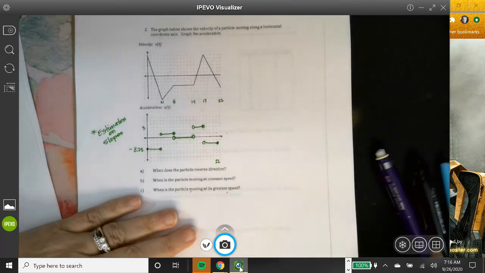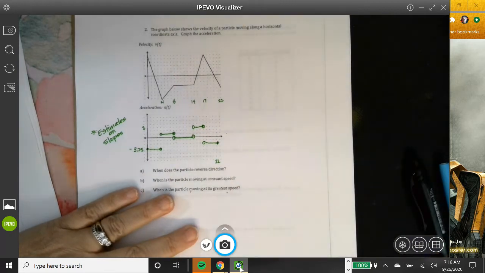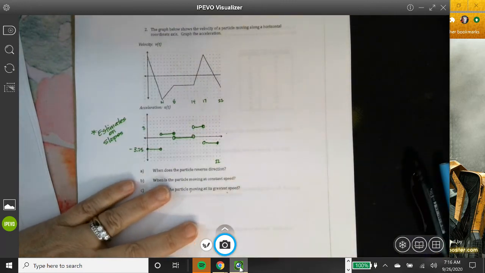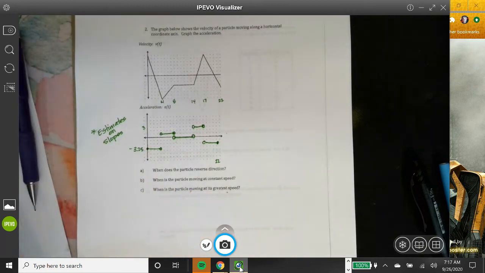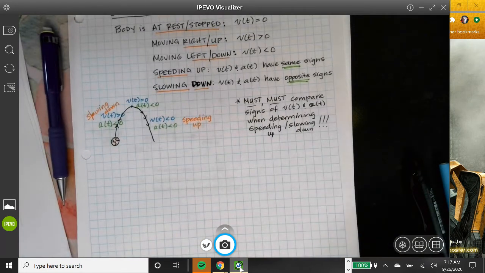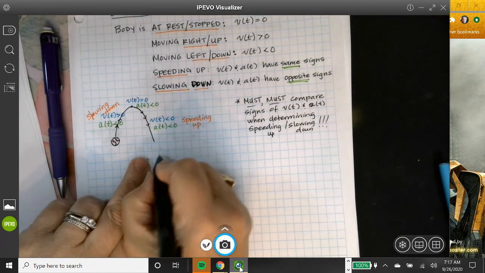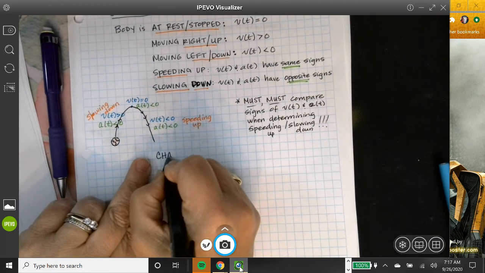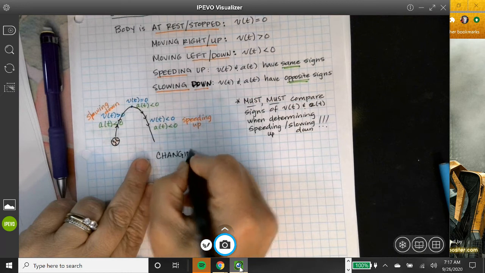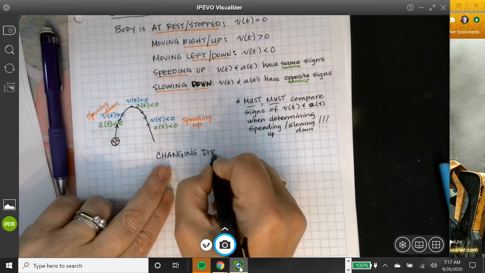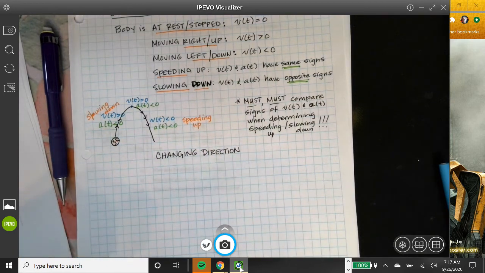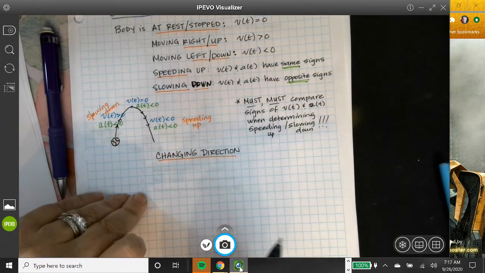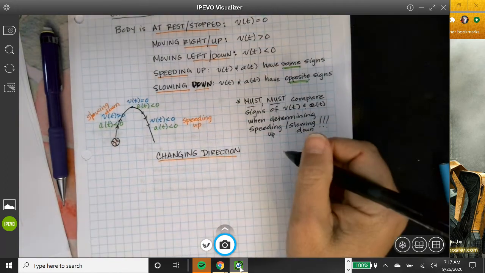All right, so let's answer some questions based on the acceleration graph we came up with. When does the particle reverse direction? How do we know something is turning around and going the other direction? Well, velocity shows motion.